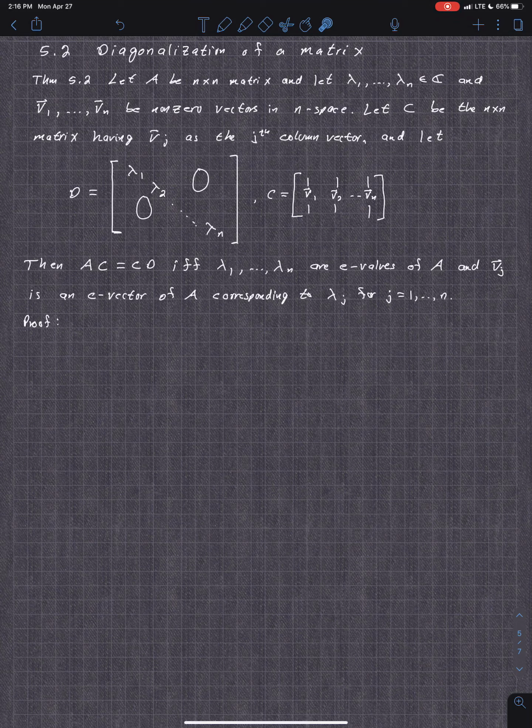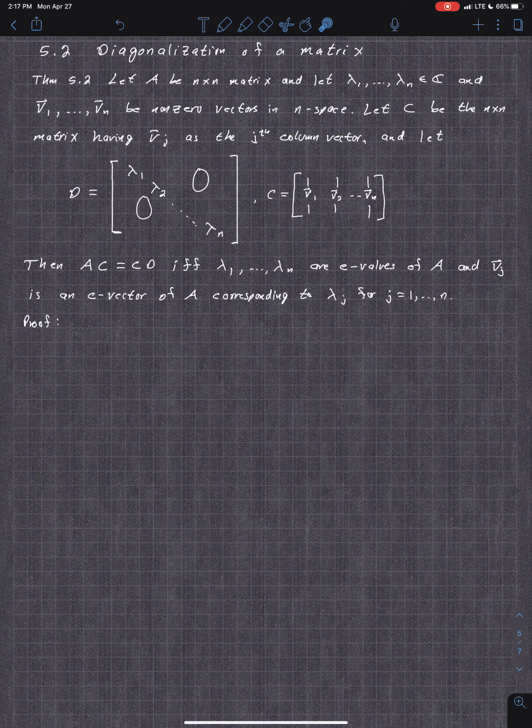So let A be an n-by-n matrix, lambda 1 through lambda n be in the complex plane, so those are complex numbers, and V1 through Vn be non-zero vectors in n-space, and they're corresponding vectors.